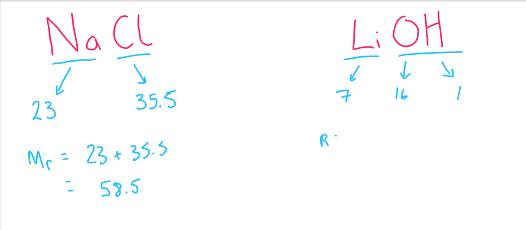So that means that the relative formula mass of lithium hydroxide is going to be 7 plus 16 plus 1. That gives us a relative formula mass of 24. Now remember, relative formula mass doesn't have any units because again it's compared to carbon 12.